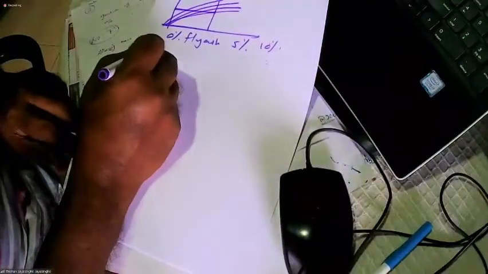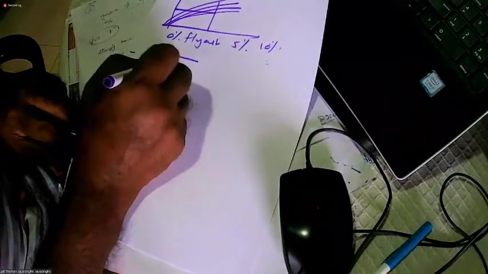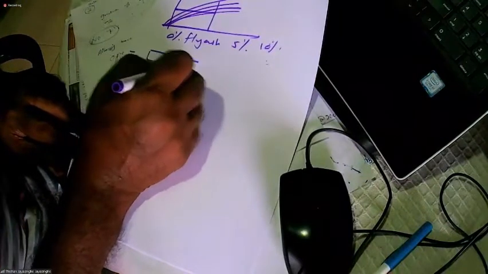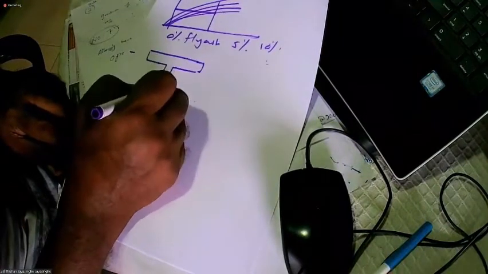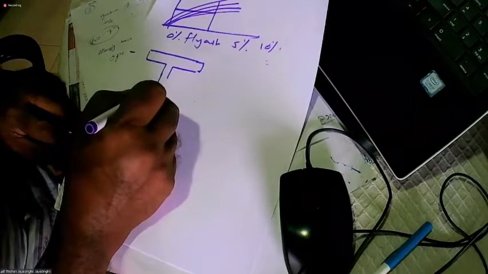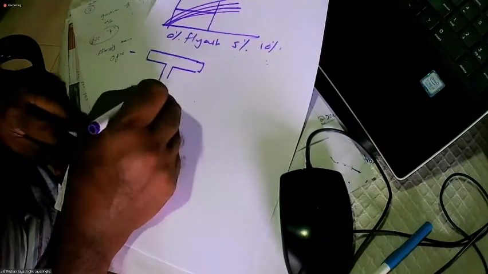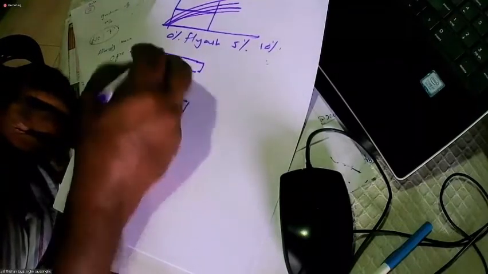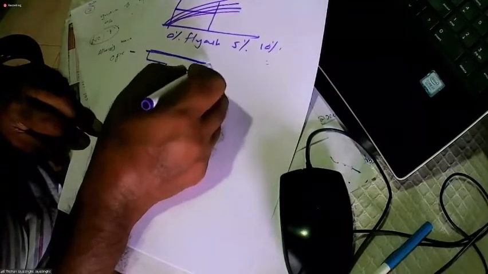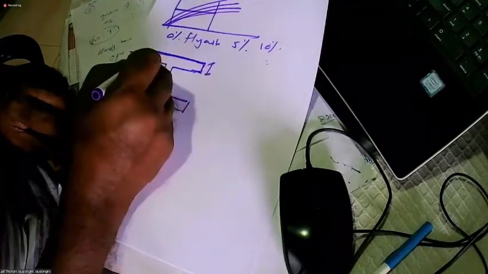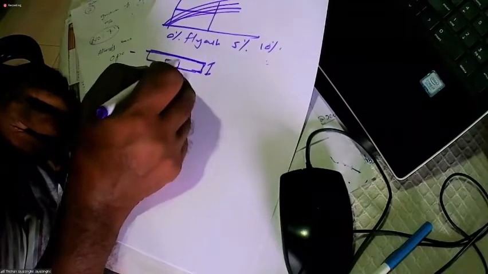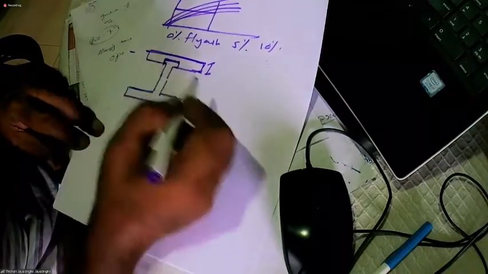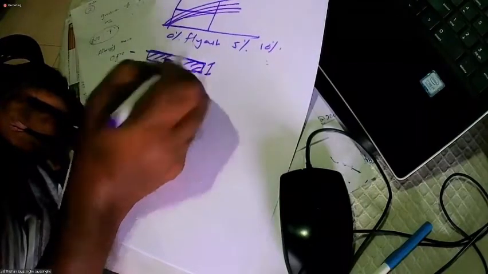So we have a beam, 1 meter wide, let's say 1 meter wide. The top slab is initially like this, later cast. Okay.